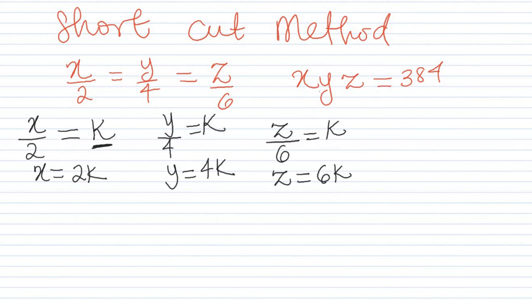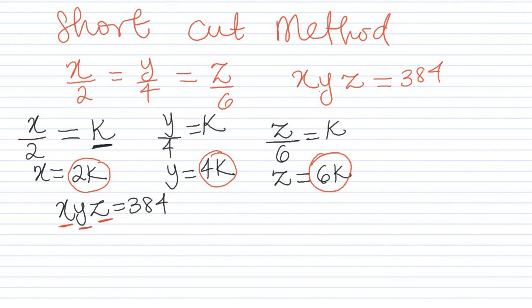So now we have x times y times z equals 384. We're going to substitute the value of x for 2k, the value of y for 4k, and the value of z for 6k.